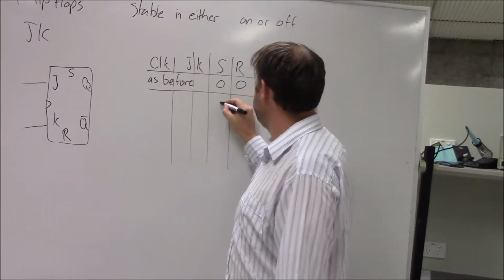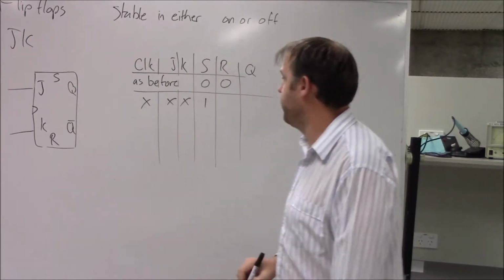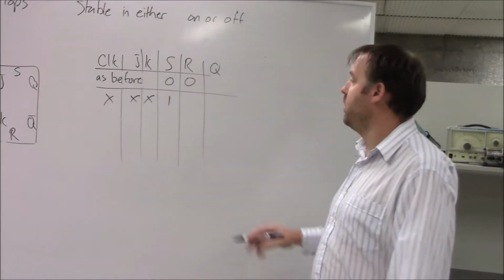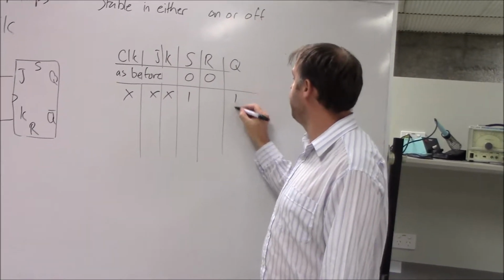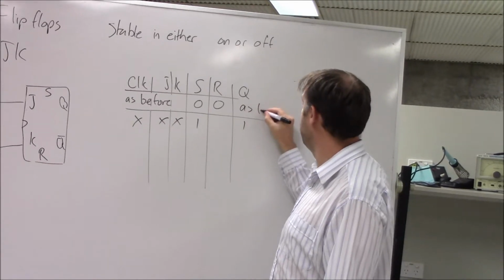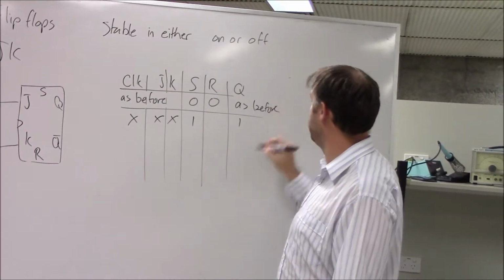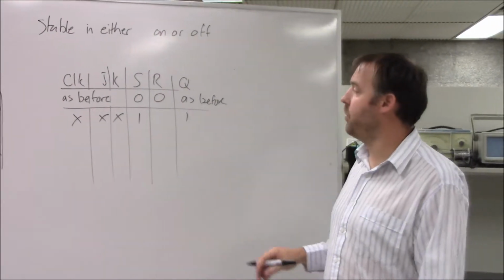If set is 1, we don't care about these ones. It doesn't even look at them. It instantaneously changes Q to be high. Okay, so the 'as before' was the JK truth table I had before.